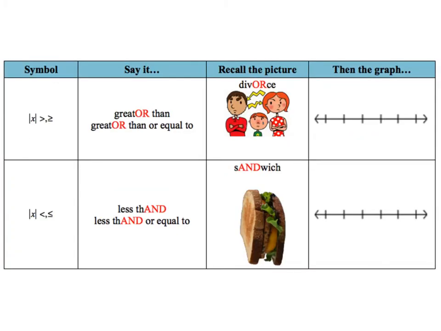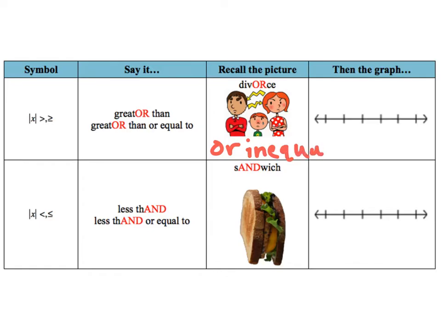Now we can use the information from the previous slide to help us create generalizations of how these absolute value equations can always be transformed. Whenever we have the absolute value of x is greater than or equal to, that means it's going to be an or inequality. Or something like a divorce.